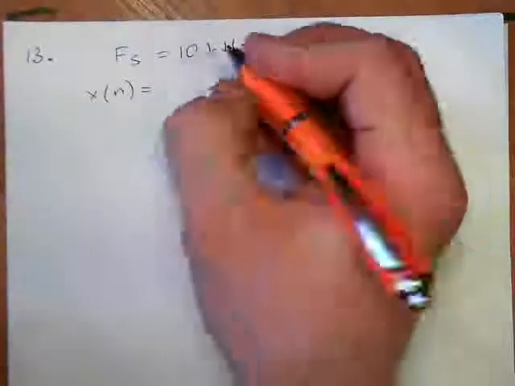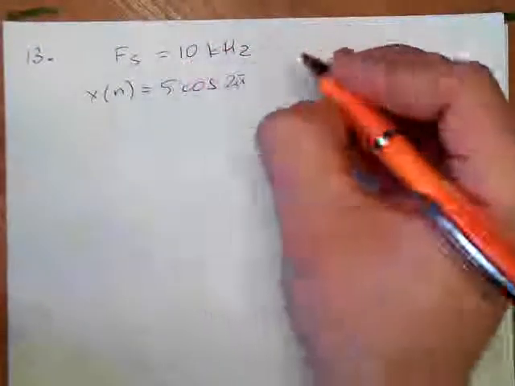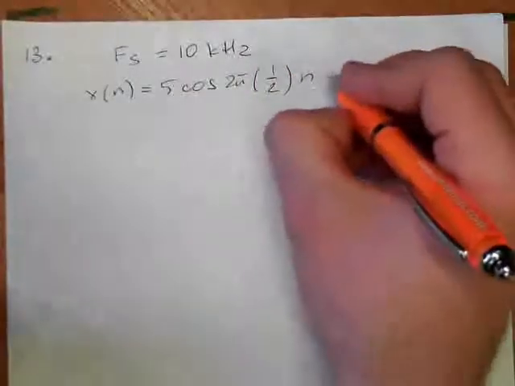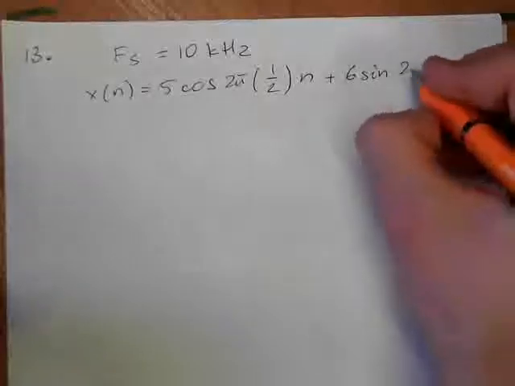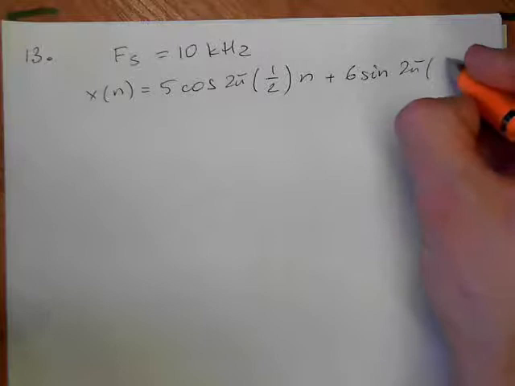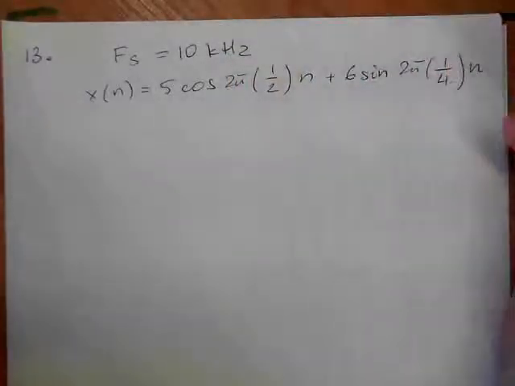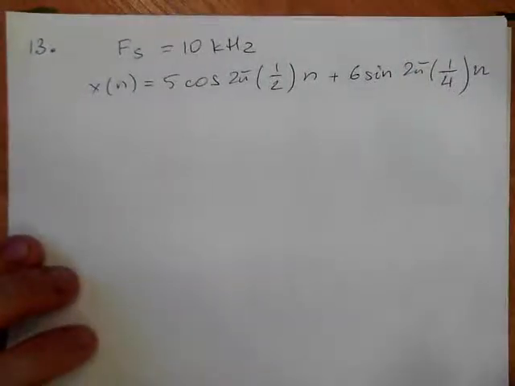Xn we have 5 cos 2 pi a half n plus 6 sine 2 pi 1 divided by 4 n. So here we have to make the inverse procedure.